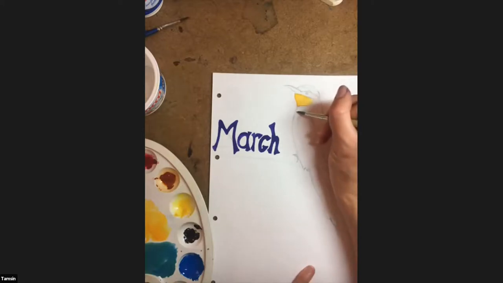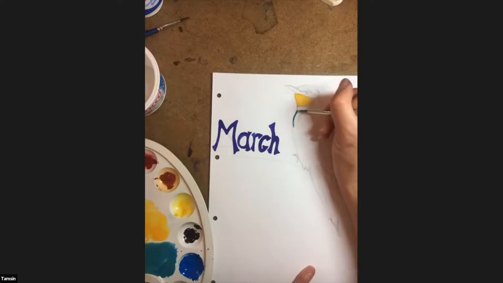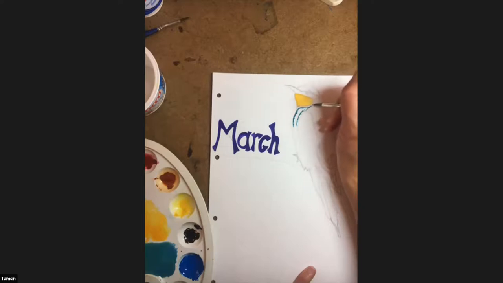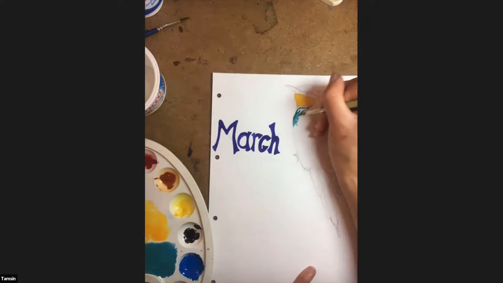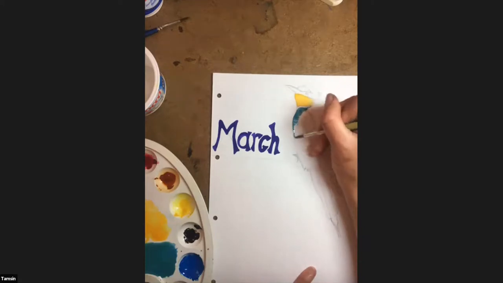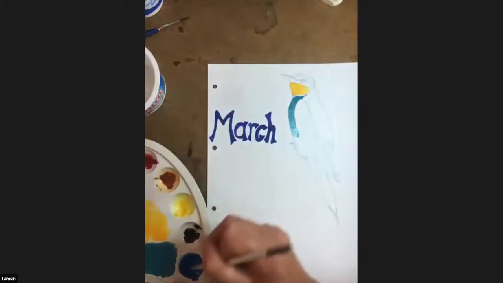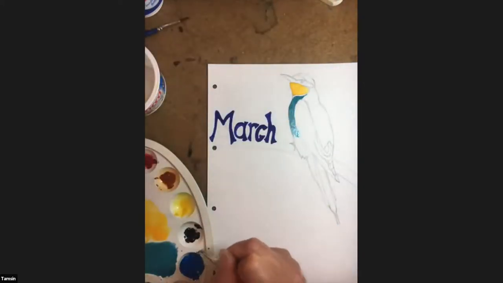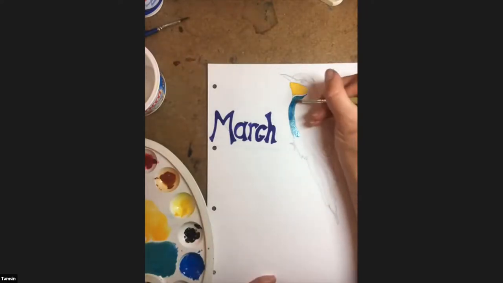So now we're going to start painting his or her body. And again, I'm starting from the top. And then just bringing the color down because the wings are lighter at the bottom. Still a little bit green, but yeah, you can drop some color in.